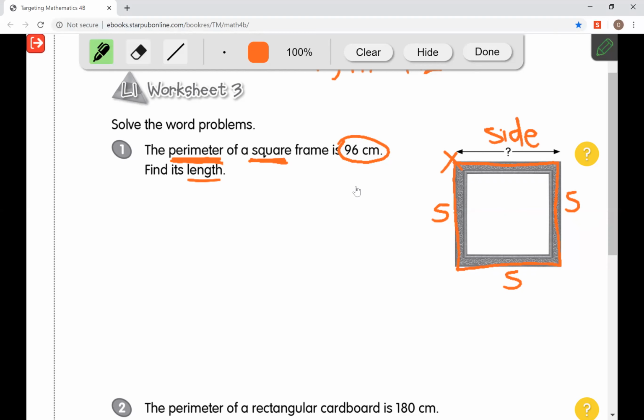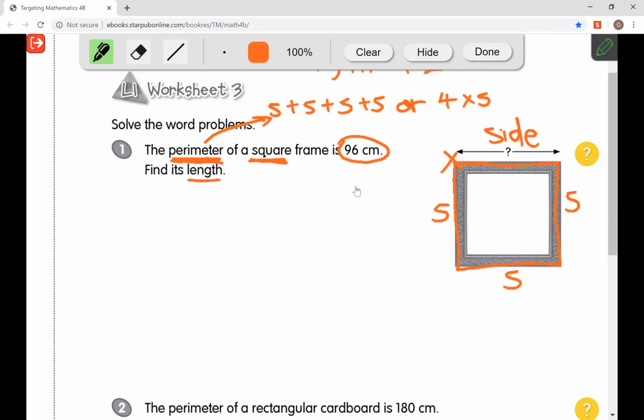So perimeter of a square would be side plus side plus side plus side. Okay, please copy down this because this helps you to recap your formula for area and perimeter. So either side plus side plus side plus side, or we can write 4 groups of side.